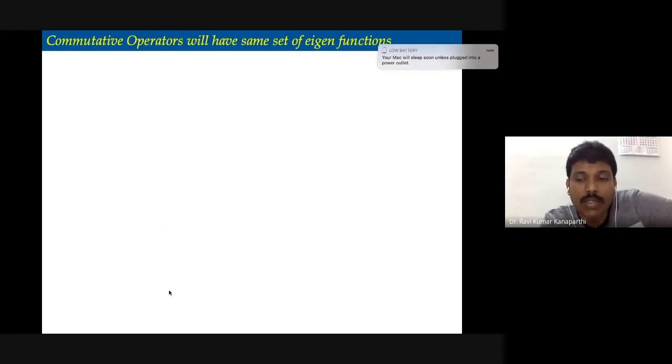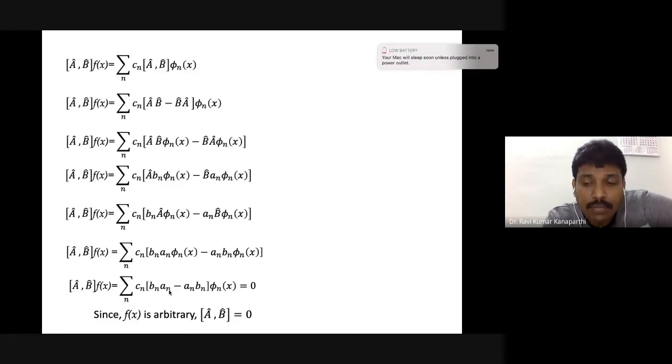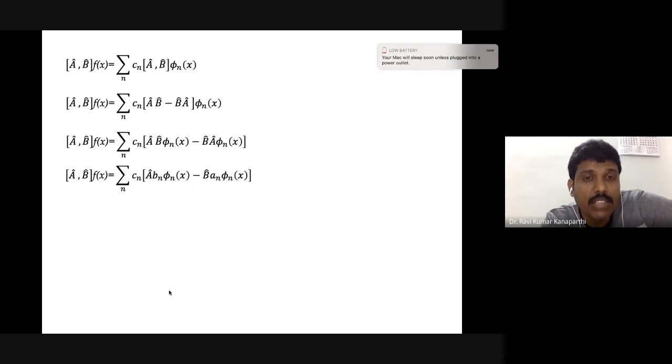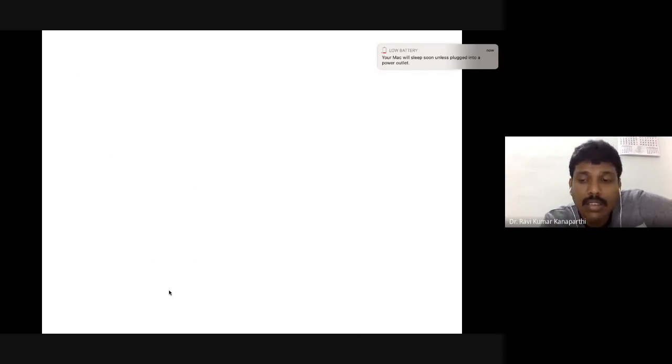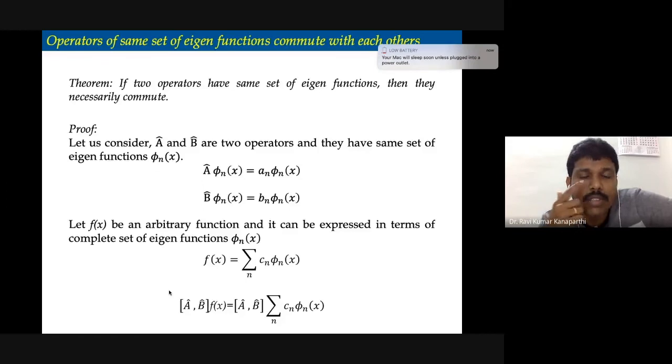That proves the theorem. We started with an assumption, the statement, which says that if the operators have the same set of eigenfunctions, then they necessarily will commute. So we assumed that they have the same set of eigenfunctions, that is phi n of x is the set of eigenfunctions we considered for the operators. Then finally we had to show that they commute.